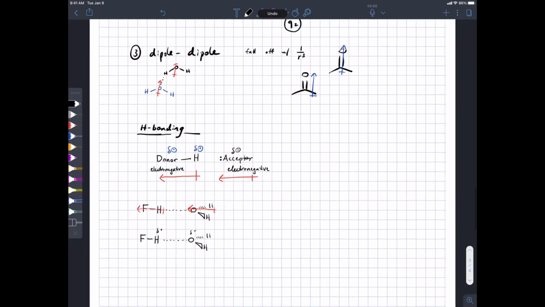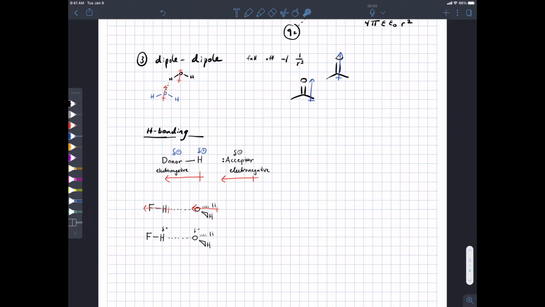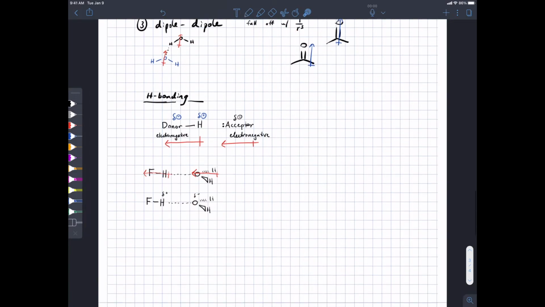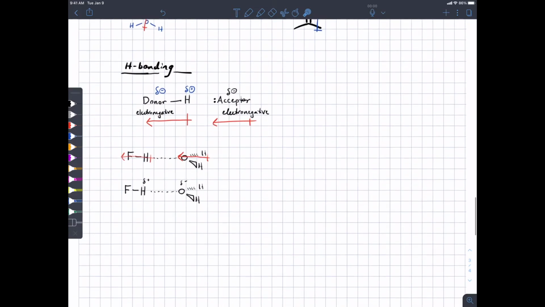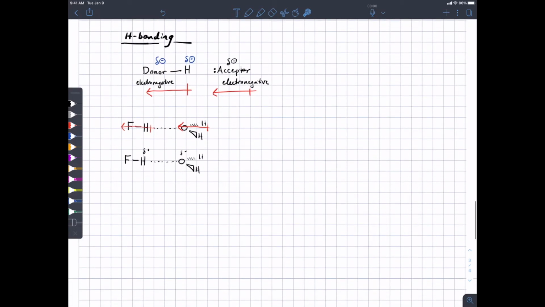Now, the dipole-dipole interaction gets stronger at closer distances, and so that's when hydrogen bonds start to get particularly strong. In fact, you can almost think of a hydrogen bond this way. So here's HF.